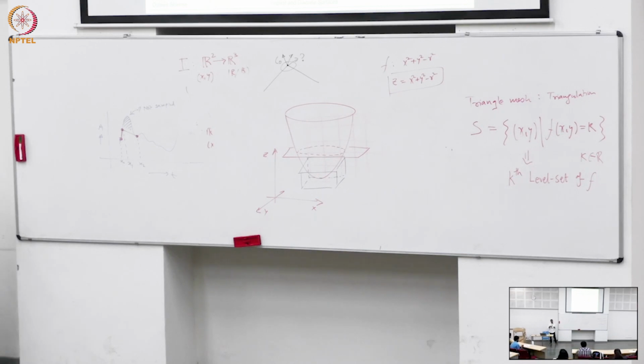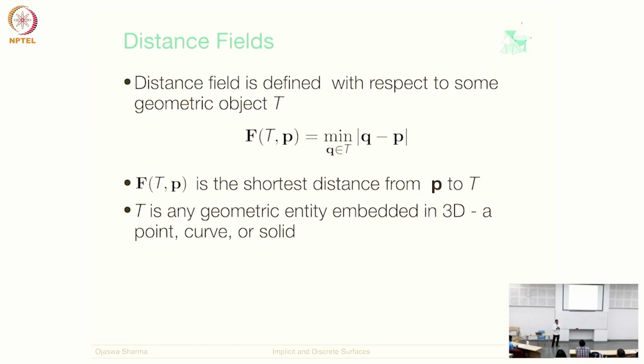Okay, so now let's take a look at some specialized implicits, and this one is known as a distance field. It's a field, it's an implicit field. So again, it takes xy values, or R2 in R2, or it could be a 3D distance field. In that case, our point is in R3, and it gives a scalar value.